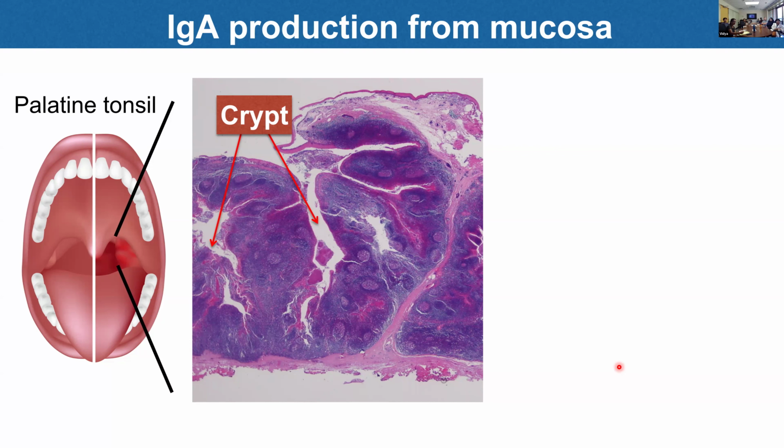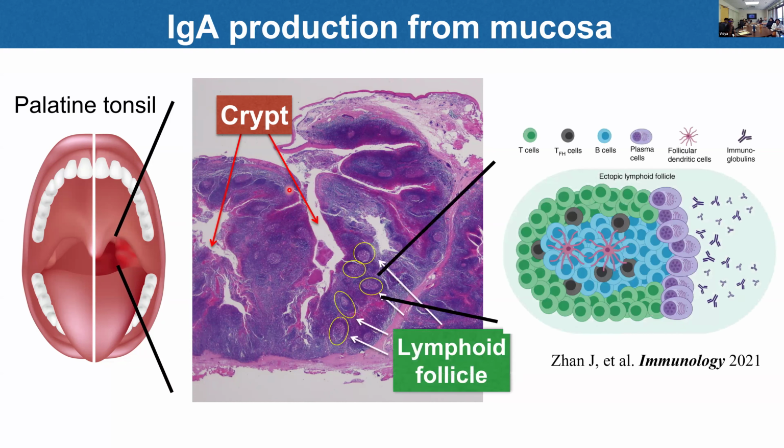In the human tonsil, there are many crypts to expand the surface area, and lymphoid follicles are mainly located around the crypt. In and around the lymphoid follicle, the B cells and plasma cells mainly produce IgA through the class switching of the antibodies. I'm showing the tonsil histology, but the structure in the gut is approximately the same.